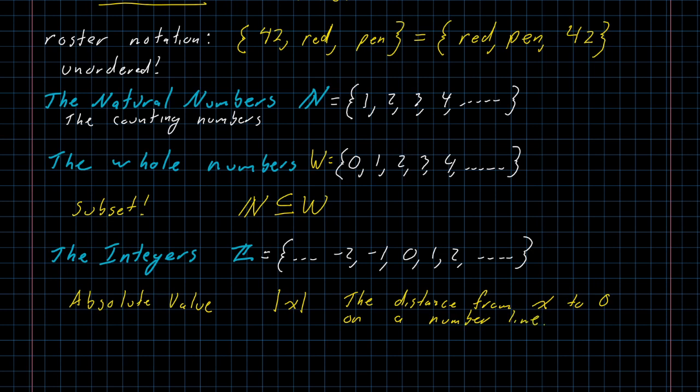The technical definition of absolute value is the distance from x to 0 on a number line.